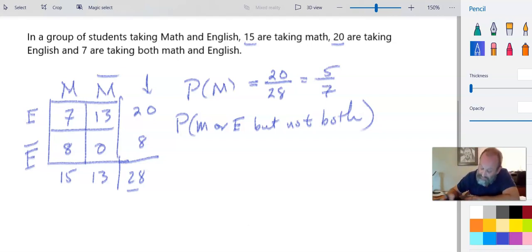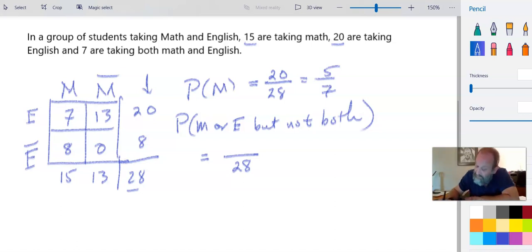But if we're looking for this, the way you would compute this, the denominator is 28. So let's see how many people are taking math and English, but not both. Well, you can count them up, right? 8 and 13 is 21 plus 0.